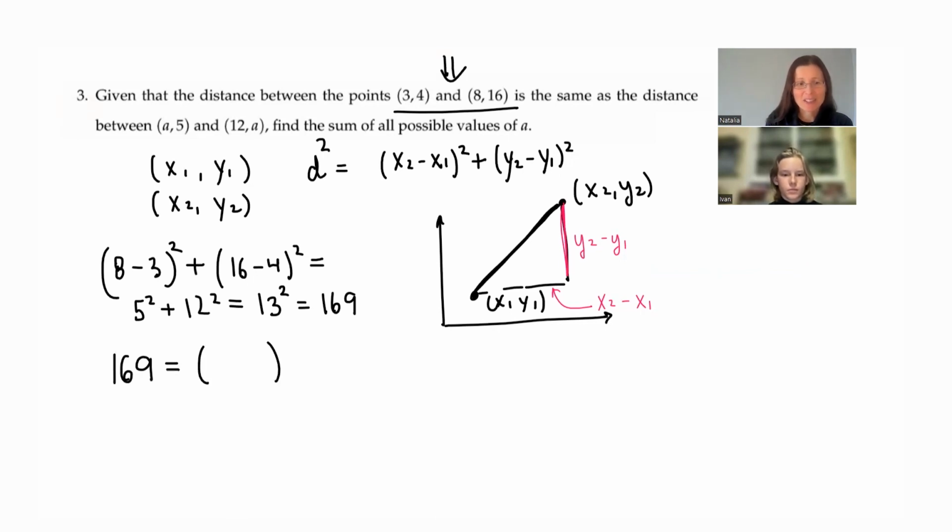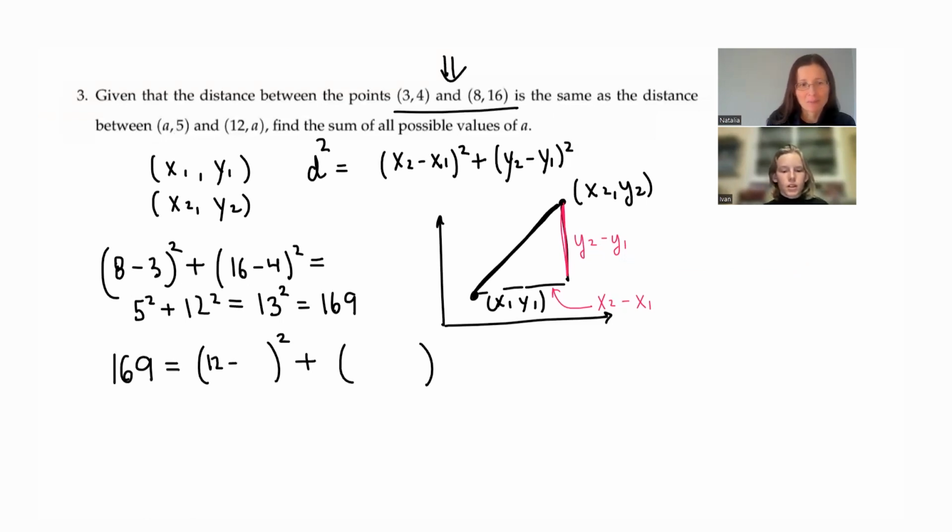Okay, give me the expressions. It's going to be (12 minus x1) squared plus (y2 minus y1) squared. x1 is actually a, so I will write a, because this is my first x value.